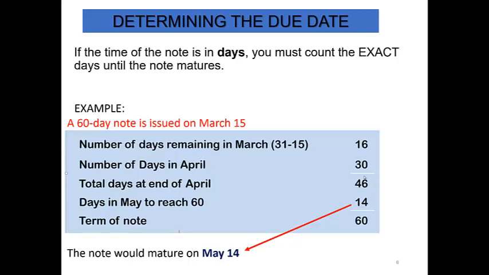That'll take us over 60. So to get to the days left on the note, we just subtract 46 from 60. So we know that there are 14 days left on the note at the end of April. So that makes the note due on May 14th. So it does make a difference whether or not the note is in terms of months or in terms of days.